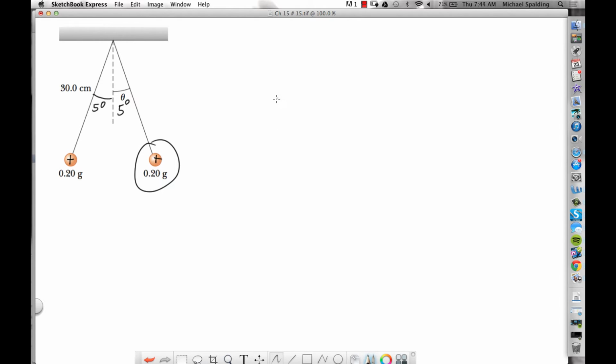So if we do a free body diagram for that sphere, what are the forces on that sphere? We got mg down. We have tension up like this. If this is 5 degrees off the vertical, I like angles off the horizontal, so what would this be? That'd be 85, right?